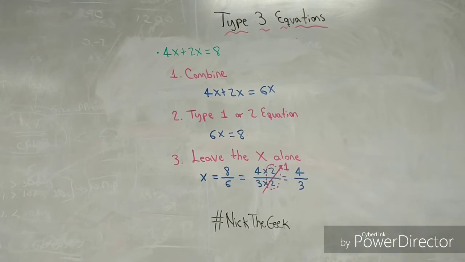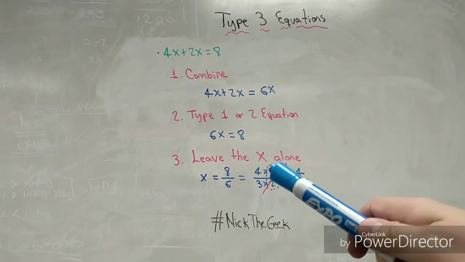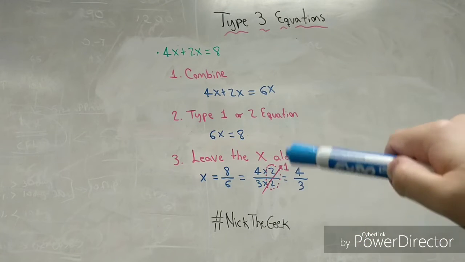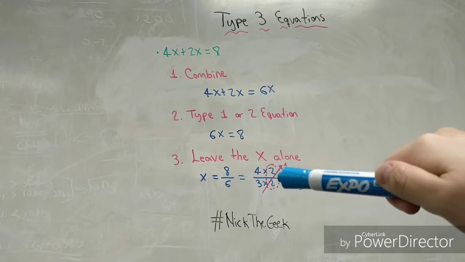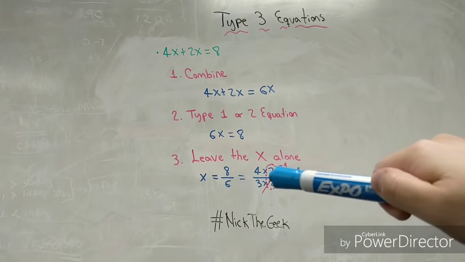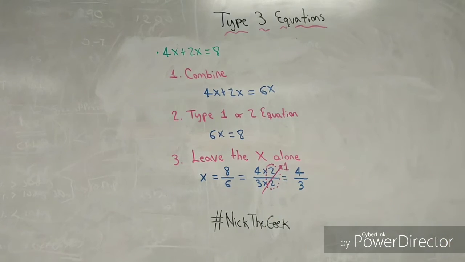Then after having 8 divided by 6, we can reduce this because both are even numbers. So 8 would be 4 times 2 and 6 would be 3 times 2. And as we have seen before, 2 divided by 2 is 1. So the result is just 4 divided by 3. That's our first example.